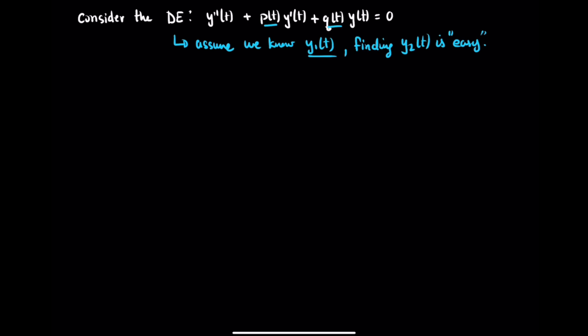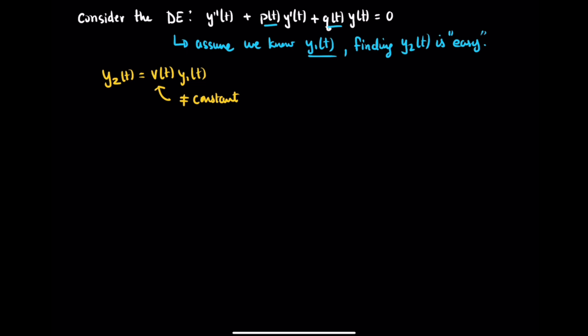And so what we can do is search for the second solution. We can say that y2(t) is v(t) y1(t). v(t) is not a constant, because if it was a constant, then y2 and y1 would be proportional, and so they would not be linearly independent. They cannot form a fundamental set of solutions, and therefore you cannot have a general solution.